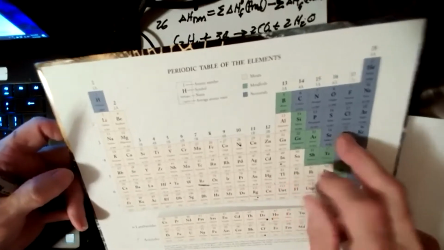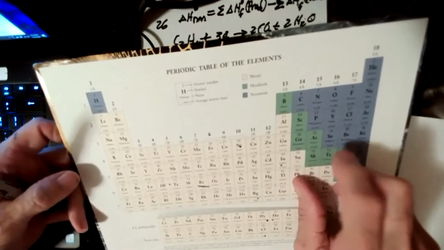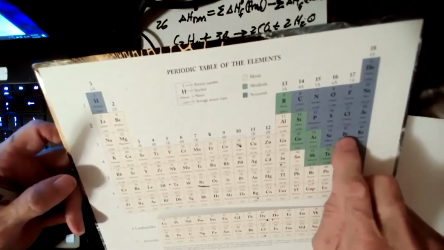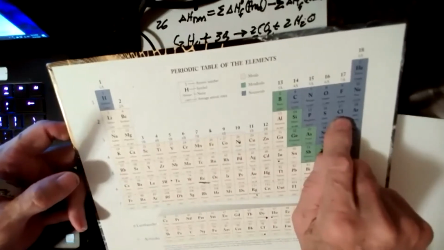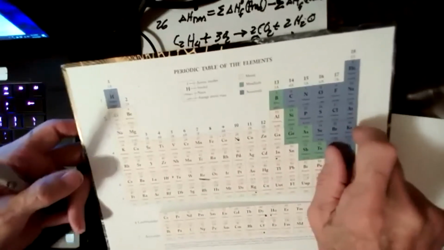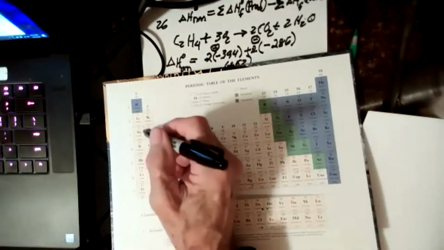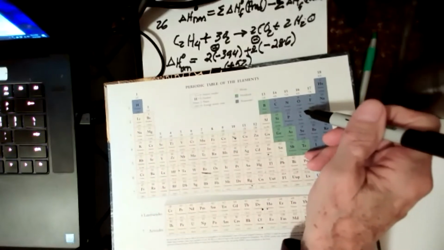Now, the lead is much less electronegative than magnesium, and chlorine is much more electronegative than bromine. So magnesium chloride is going to be much more ionic than lead bromide would be. The electronegativities of lead and bromine are closer to each other than those of magnesium and chlorine, by their positions on the periodic chart.